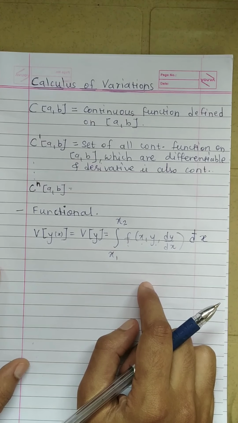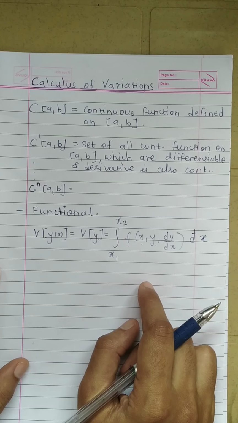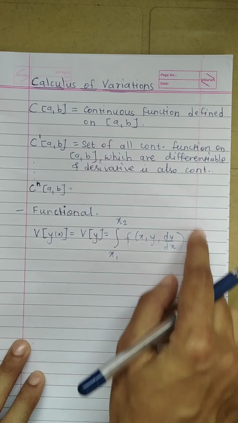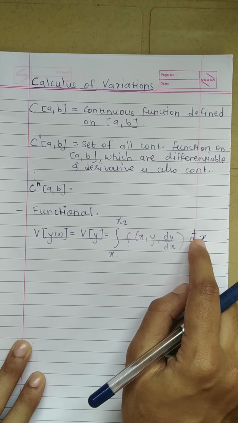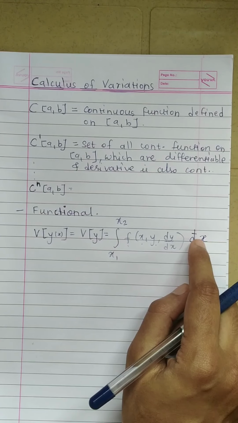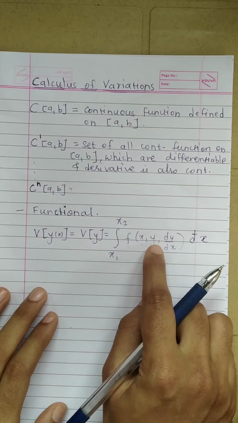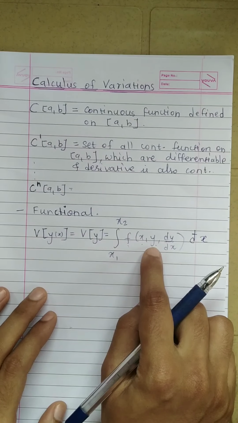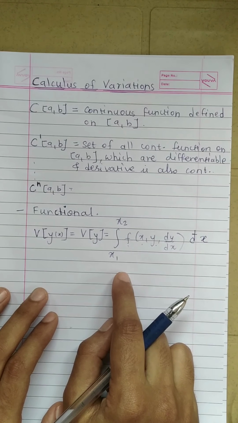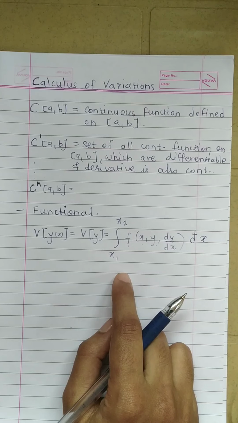Okay, what we want to find is in particular which function, I mean for which y equal to y(x), this quantity will attain its minimum or maximum value. That is what we are interested in. Okay, for which y equal to y(x) this quantity will give us the maximum or minimum value. That is our main problem.